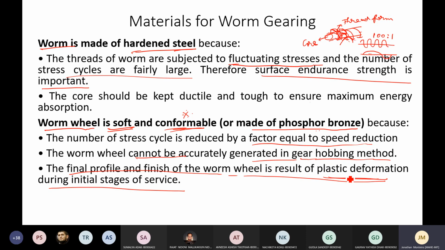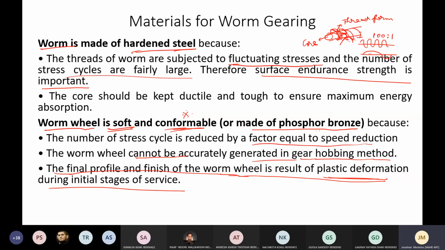So the worm will impinge itself on the worm wheel, create an impression, giving rise to smooth transformation or plastic deformation of the worm wheel. So the final finish is got from the worm impinging on the worm wheel itself. It is not like you totally machine it and put it into service.